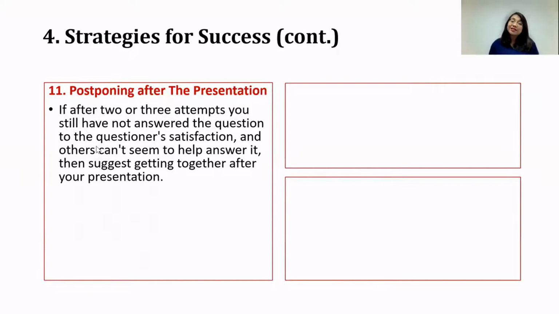So the time is very tight, especially if it is in a big conference like that. So make sure that we are not wasting time. Make sure that we are not just spending time in answering one certain question that is very hard to satisfy, right? So after 2-3 attempts and still not yet covered, invite the questioner to have a further discussion with you after your presentation. By doing that, we can cover more audience, more questions.